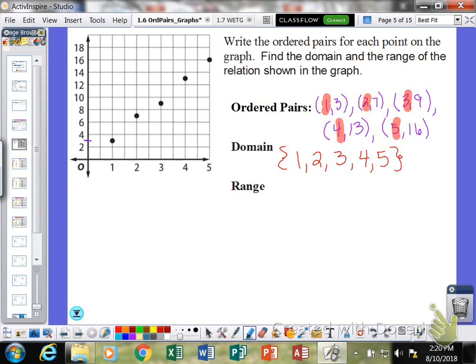And then my range is going to be 3, 7, 9, 13, 16. So those are my orange values. So the range would be squiggly 3, 7, 9, 13, and 16. So that is the domain and range, and that is it for that lesson.